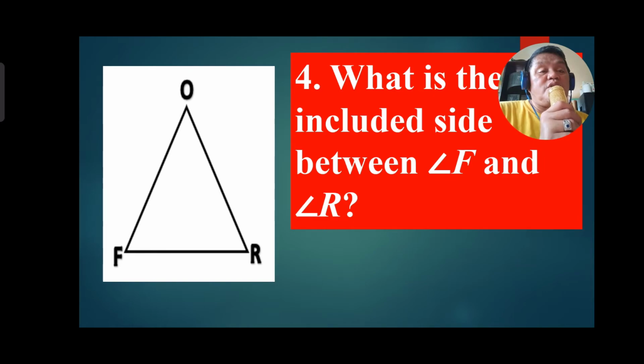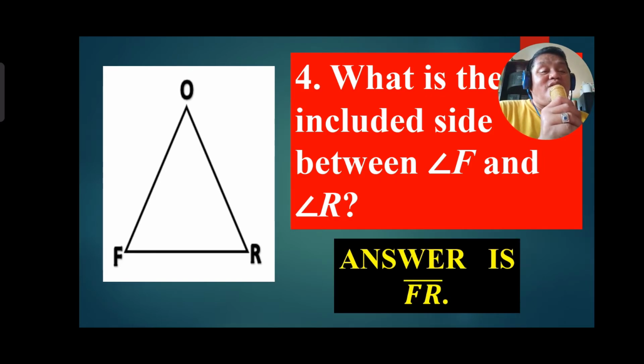In this case, you are going to find the two letters of the two angles and use this as your answer. And we have now side FR or side RF. So we have side FR or side RF is the included side between angle F and angle R.